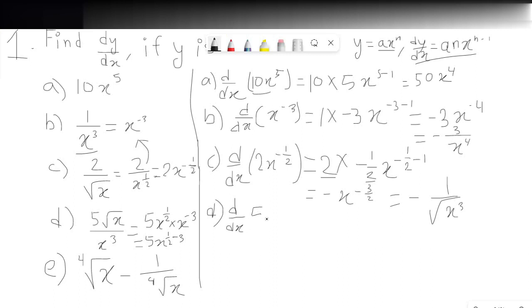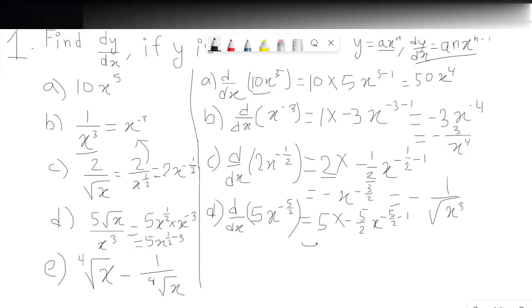and write 5x to the power minus 5 by 2, or 2.5, and using the same formula as before, we have 5 multiplied by minus 5 by 2 and x to the power minus 5 by 2 subtracted by 1.